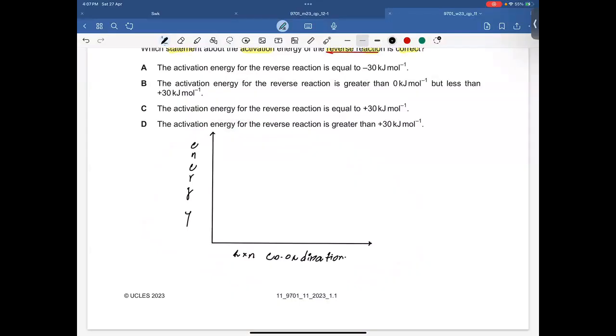Since the forward reaction is exothermic, the energy of product is lower than that of reactant. So this must be your reactant and this must be your product. So in an exothermic reaction, the energy of product is lower than that of reactant. Okay. So this is going to be the activation energy for this reaction.